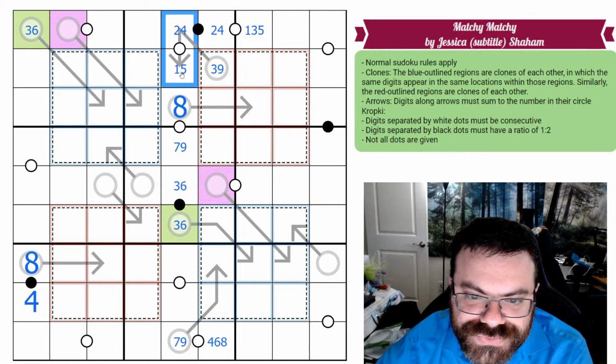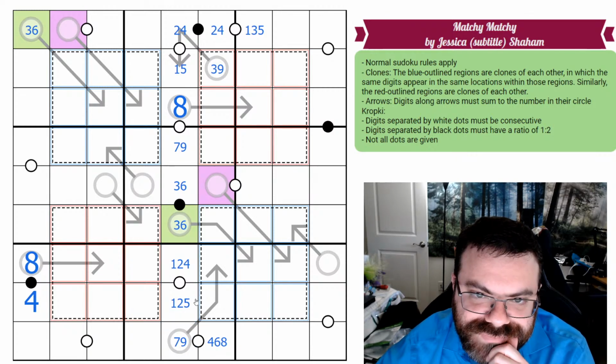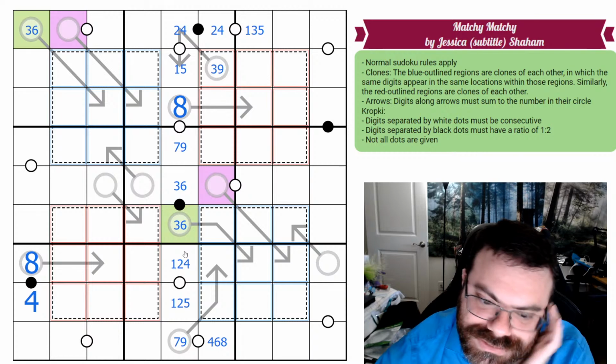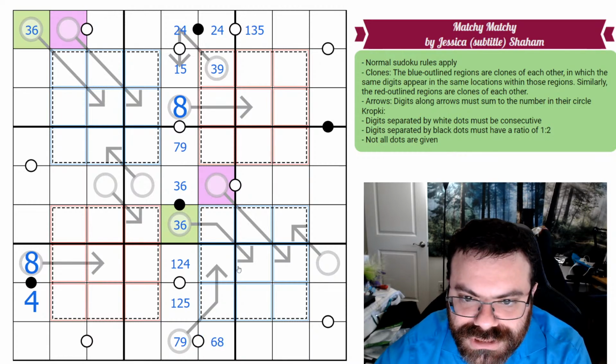If this were 1, 2, this would be 4, 5 like that. If this is 4, 5, then where do 1 and 2 go? They have to go here. So this is 1, 2, 4, 5 like that. I guess that makes sense given what I reduced. This isn't 4.